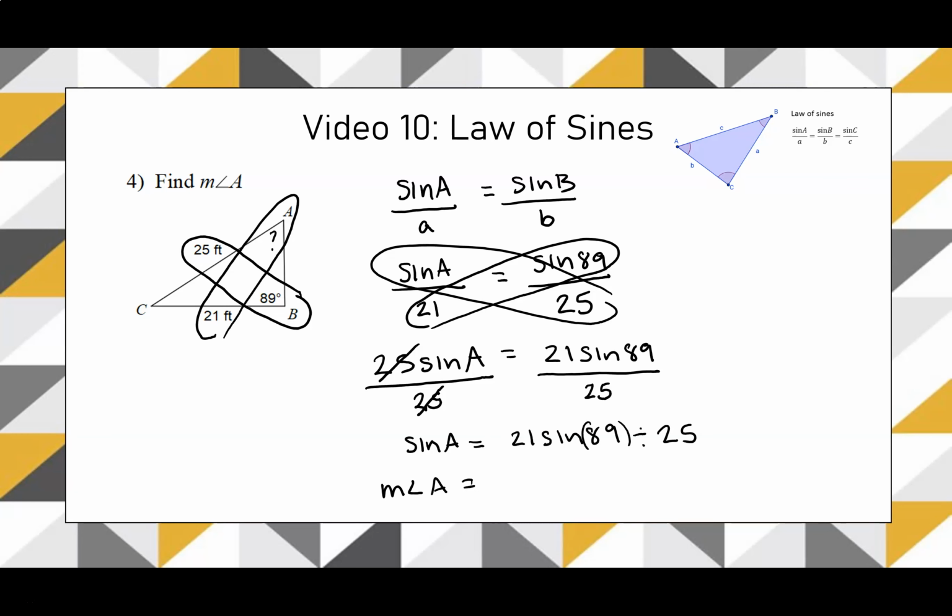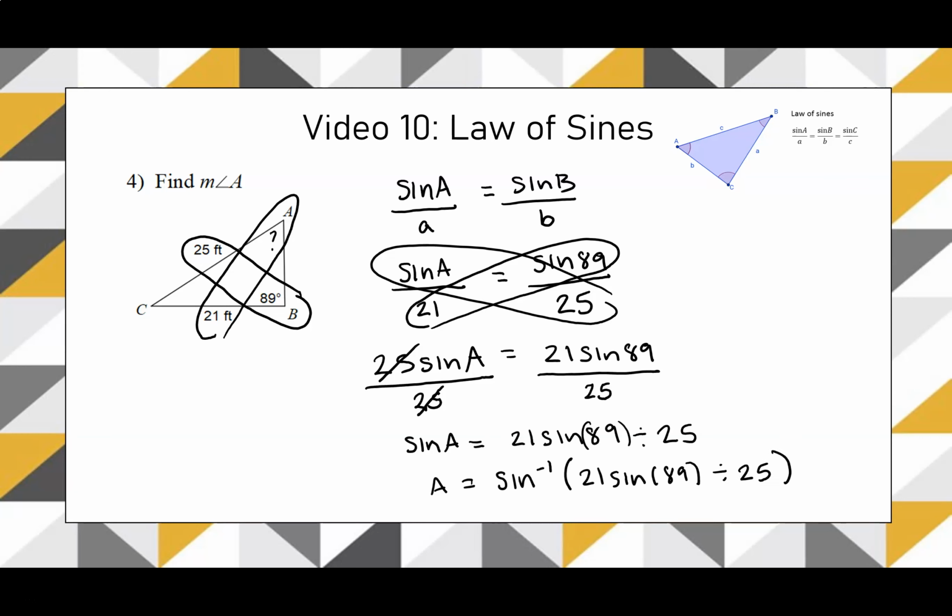We know that technically what we did was take sine inverse of both sides there. So I'm just going to basically drop that. Or if you don't want to say measure of angle A, you can just say A equals. Doesn't matter to me. And now I'm going to do sine inverse of this side. So that's going to be 21 sine of 89 divided by 25.